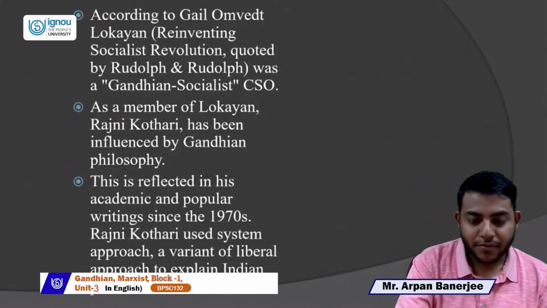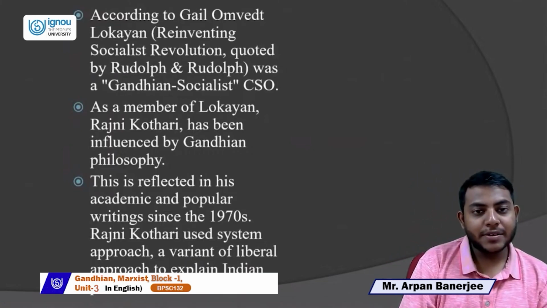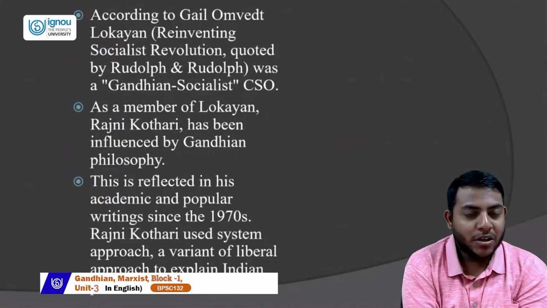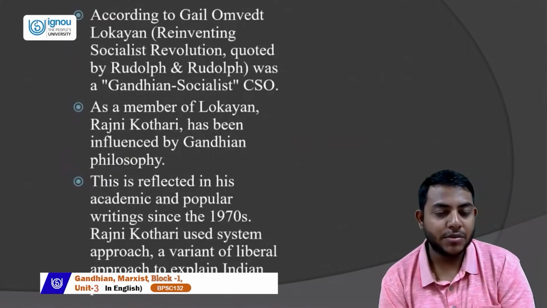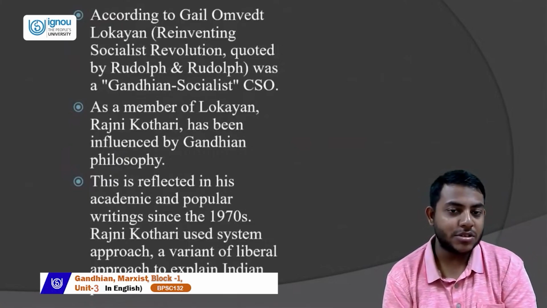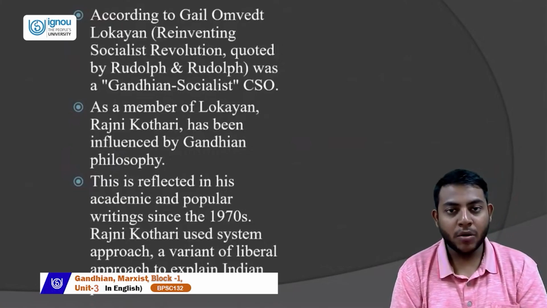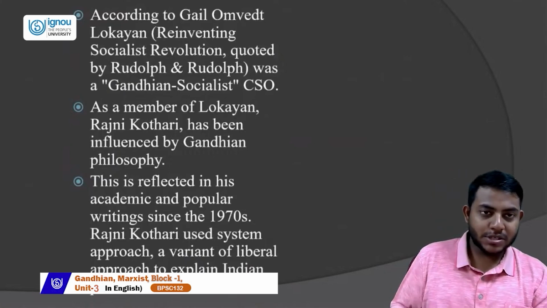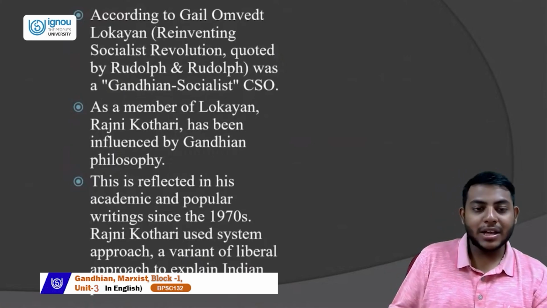He was very much influenced by Gandhian philosophy, and it is reflected in his writings post 1970. He also created this civil society organization, termed by Gail Omvedt a Gandhian socialist civil society organization, the name of which was Lokayan. It was done to reinvent the socialist revolution on a Gandhian paradigm.